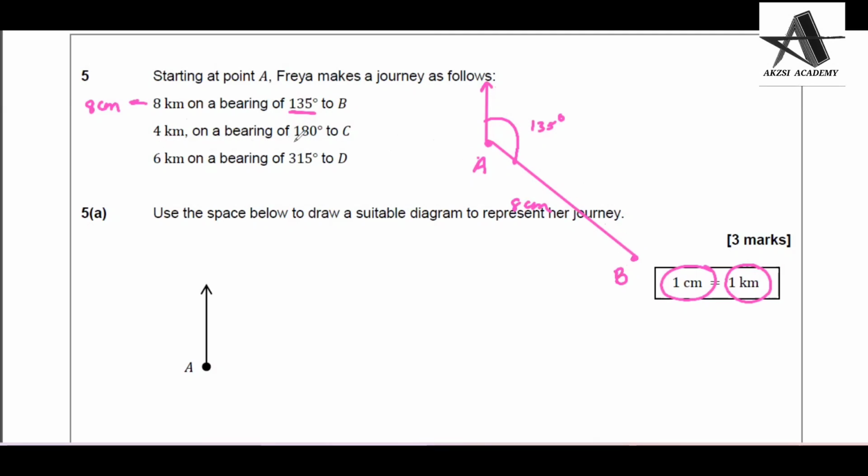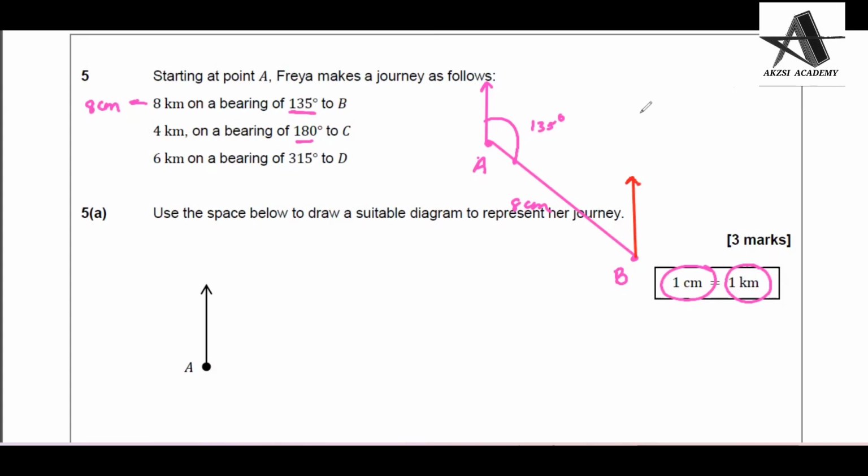Now, 4 kilometers on a bearing of 180 degrees to C. That means from B to C is 180 degrees. So from B, draw a line pointing towards north at B. The only thing you have to understand is A from B, B from A, that's all about the bearings. How can you draw it?